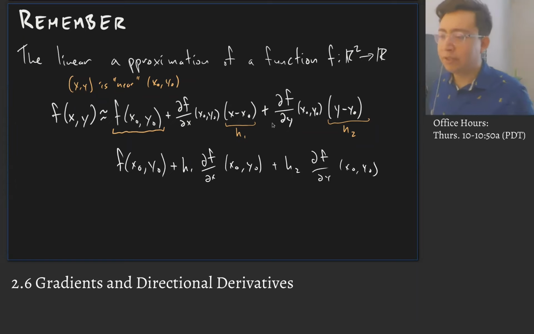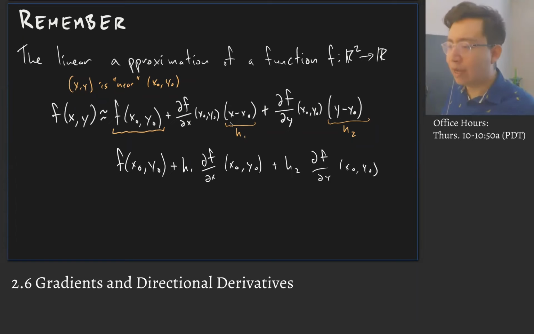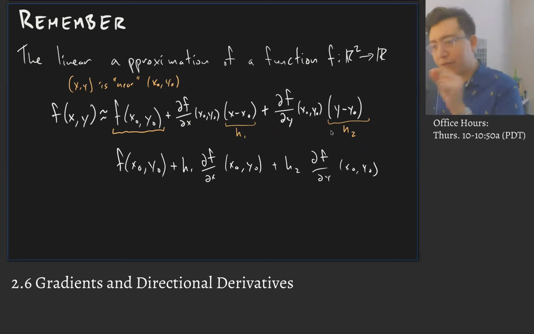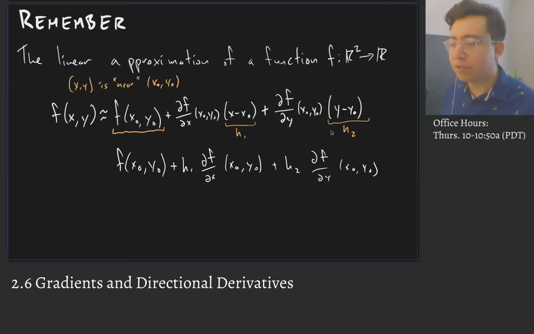So now instead of thinking of x and y, we're just thinking, okay, this is the distance from that point. This is how far we are from x naught and how far we are from y naught. Just keeping track of the distance there. And on the left-hand side, we can rewrite x, right?